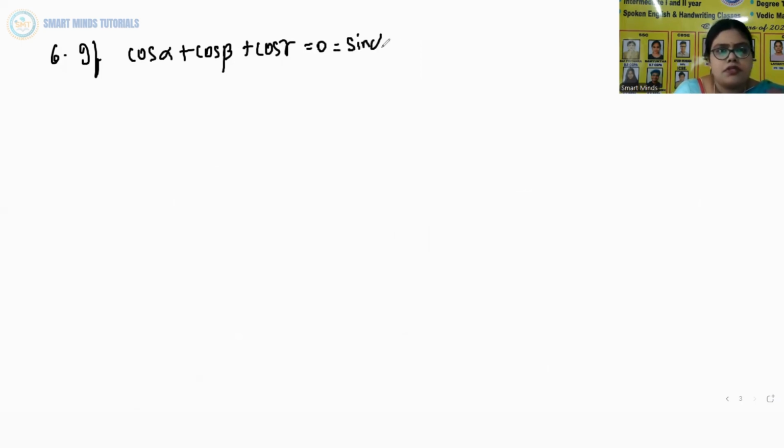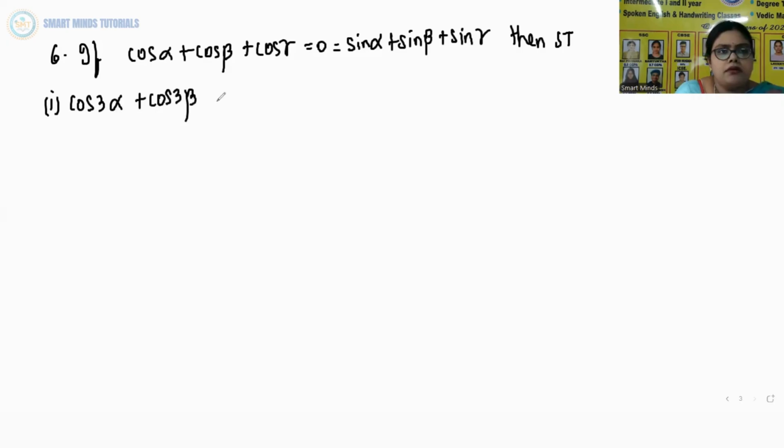Question number 6. If cos alpha plus cos beta plus cos gamma is equal to 0, and that is equal to sin alpha plus sin beta plus sin gamma, then show that first bit: cos 3 alpha plus cos 3 beta plus cos 3 gamma is equal to 3 cos(alpha plus beta plus gamma).